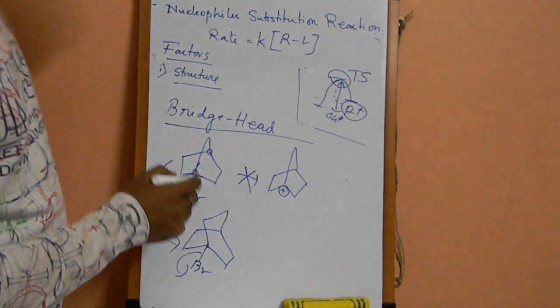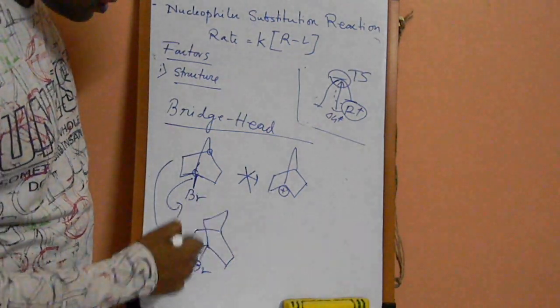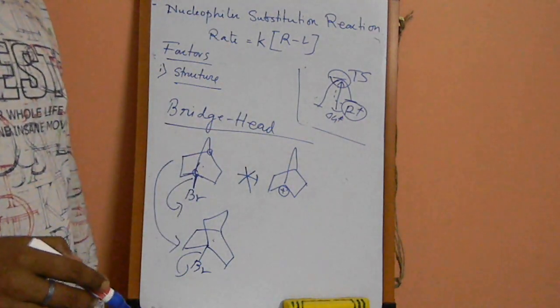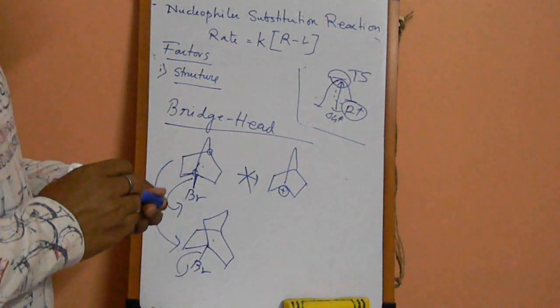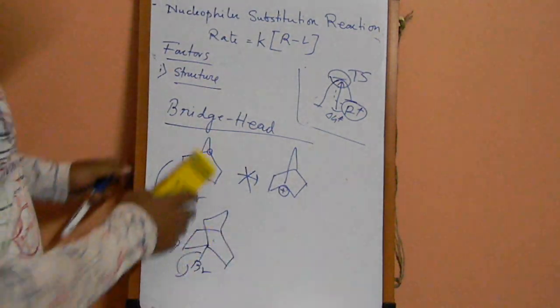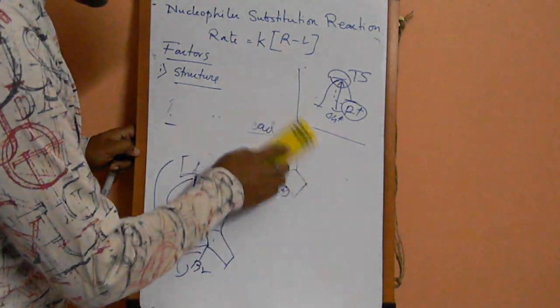So the rate of the SN1 reaction of this substrate will be higher compared to this one. This type of question is usually asked in the exam. We can later discuss the problems.